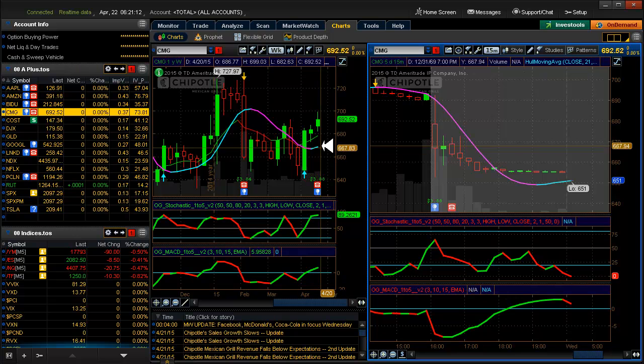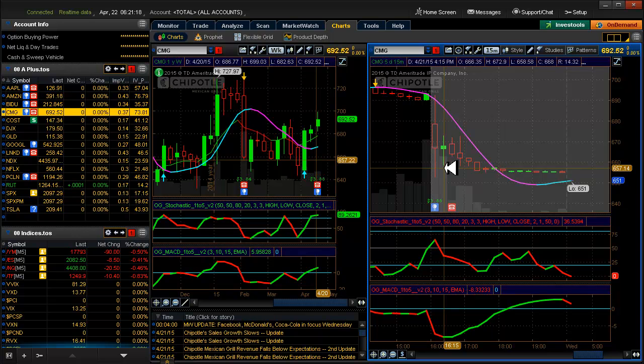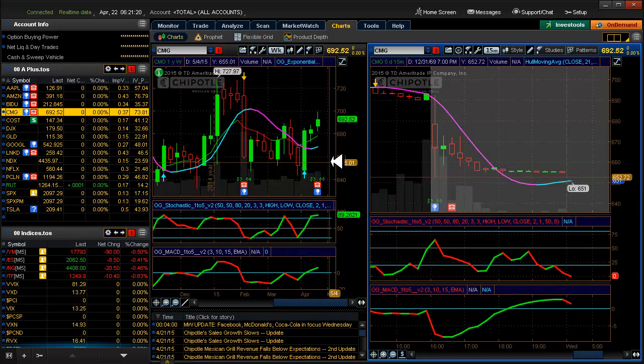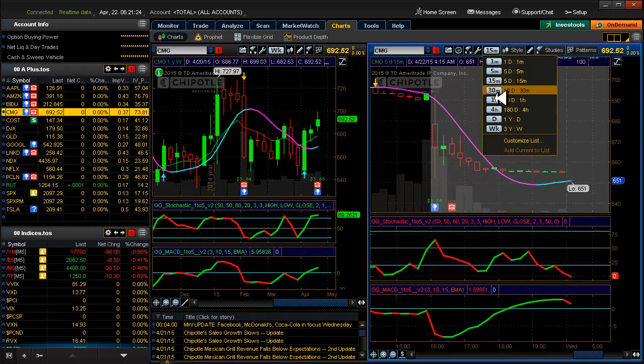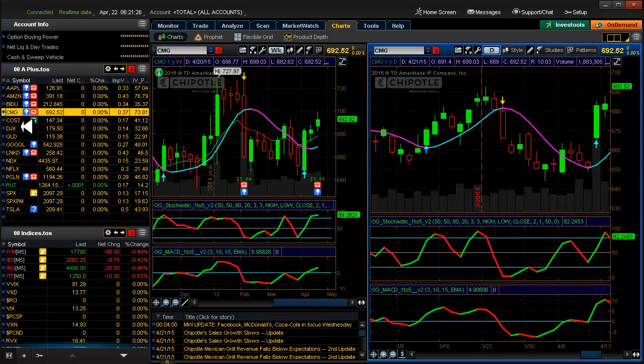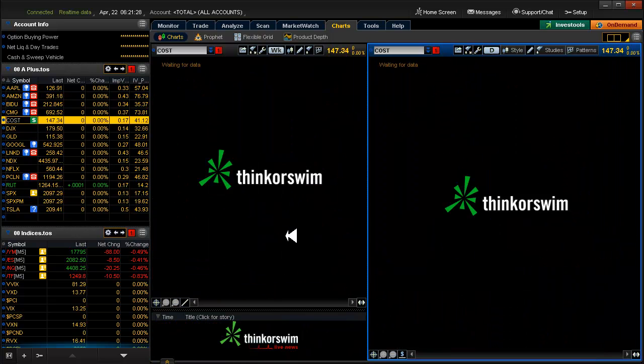If you look over here at where the horizontal line is, it looks like it's going to open down around 657, so right around here. That's not going to be all that big of a deal for them, I don't think, anyway. So we'll wait for that one to settle down a little bit.